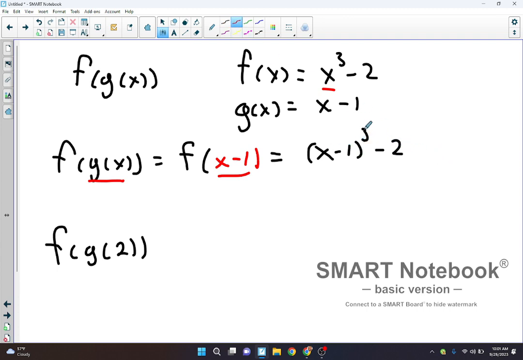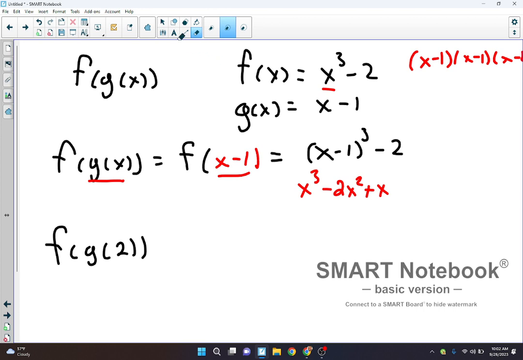Now, I didn't realize this is going to be a problem, but this will not show up at this level of the test. But technically, you're supposed to write x minus 1, x minus 1, x minus 1, and then do the foiling of that. Oh, yeah. Let's pretend we did that. It's going to be x cubed minus 2x squared plus x, or x to the 1 power, minus 1.